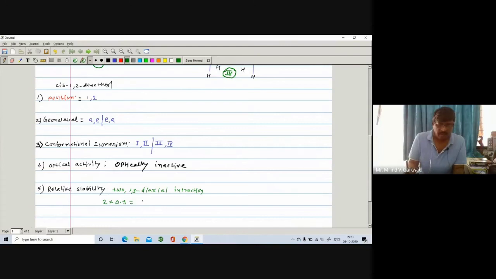So it is equal to 1.8 kilocalorie per mole energy for the 1,3 diaxial interactions. So here you have seen the 1,3 diaxial interaction, right?